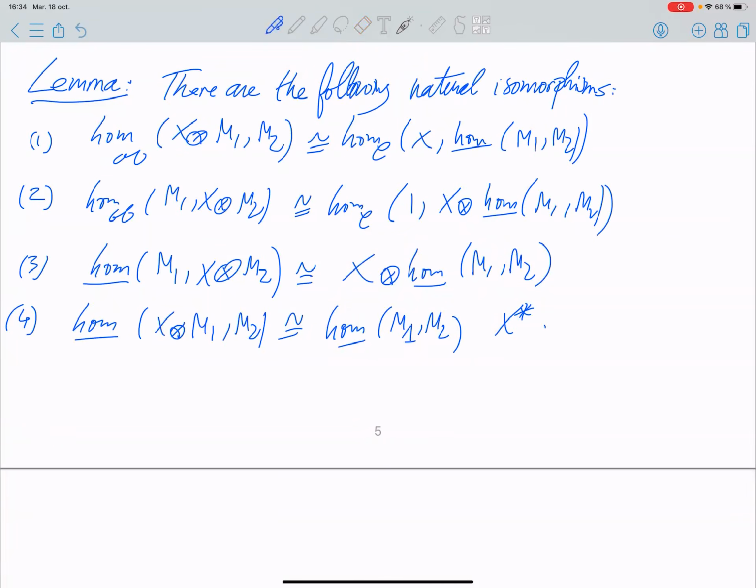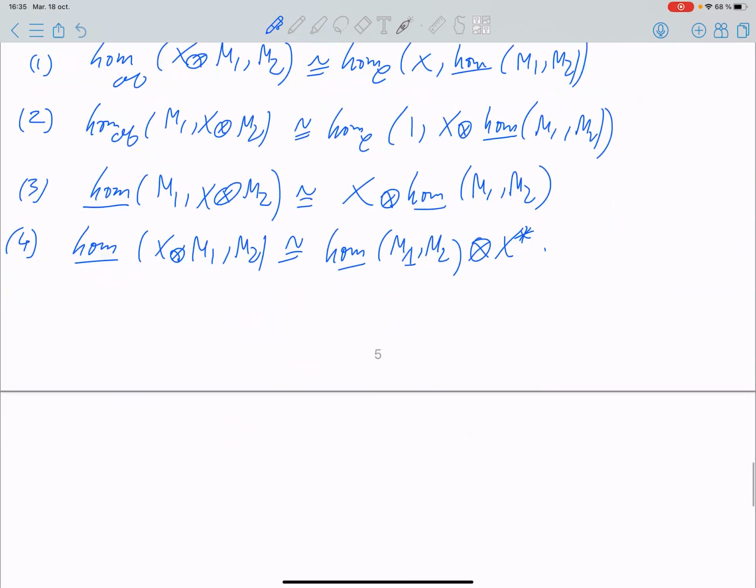Okay. And you will see the proof is more or less just a straightforward calculation. You just need to manipulate the definition a bit. So you will see the proof is not complicated.